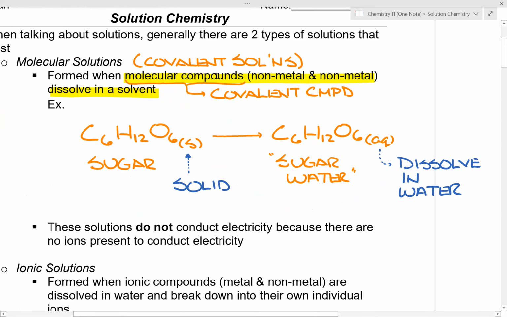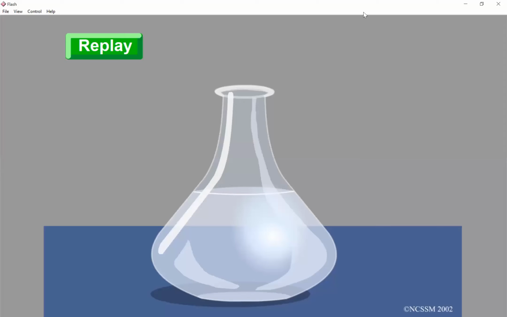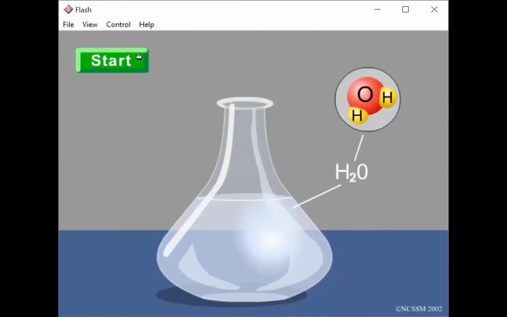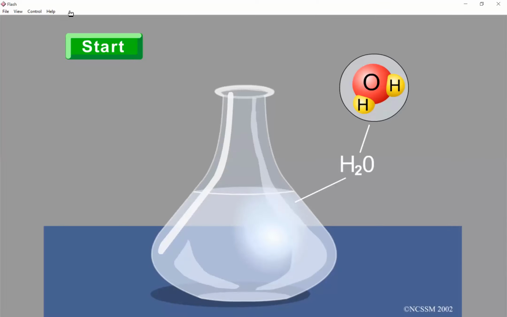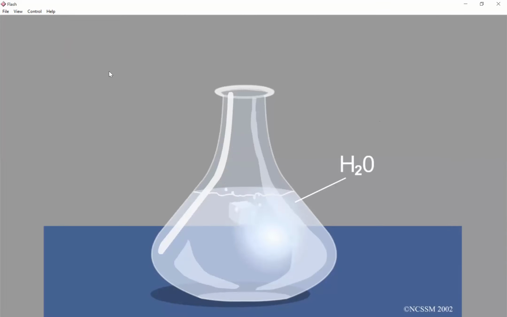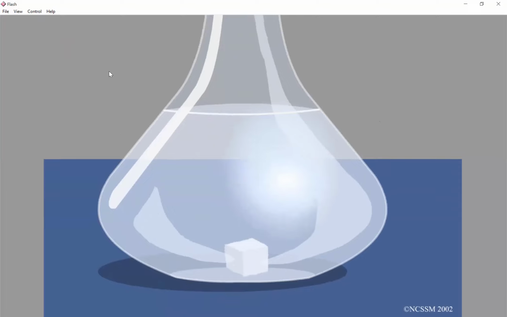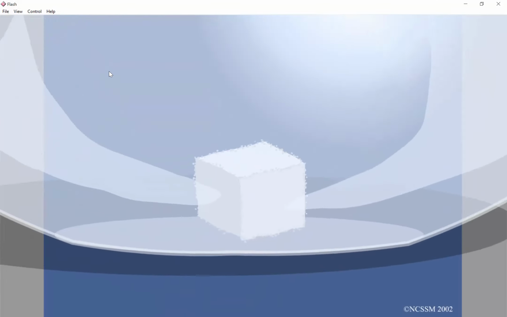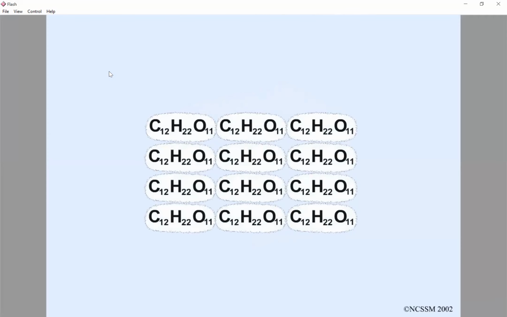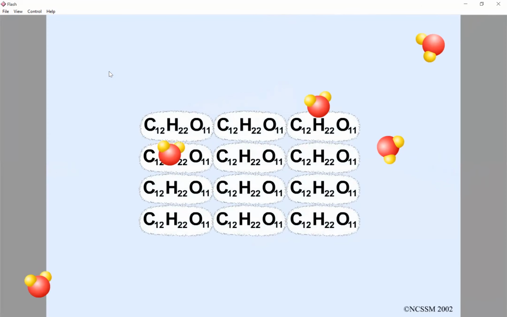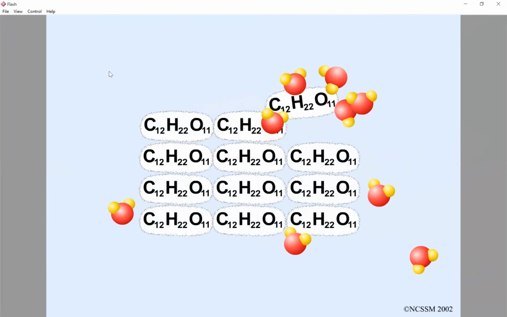Let me show you what it looks like for sugar to be dissolved in water. So we have that here. Let's start it up. So in this particular case, you have sugar that's dissolved in water. Water is a polar molecule, so it is able to attract the positive or negative ends of water.